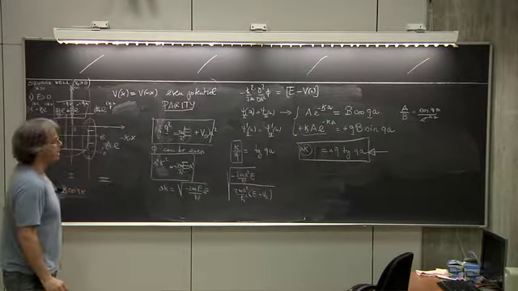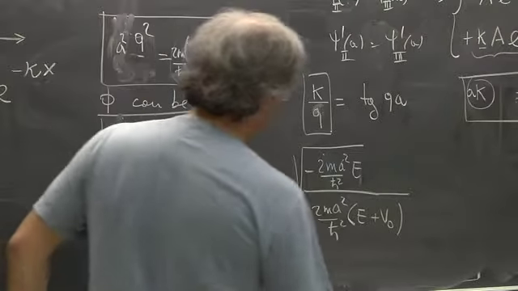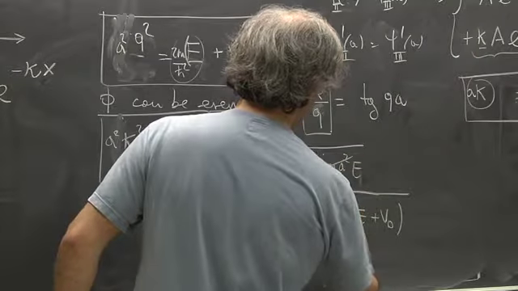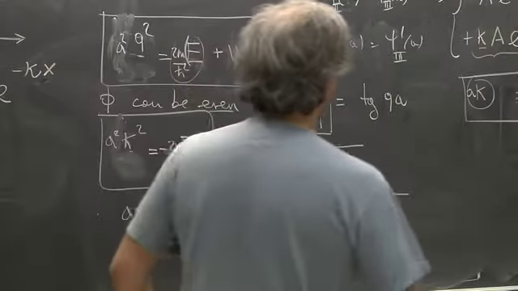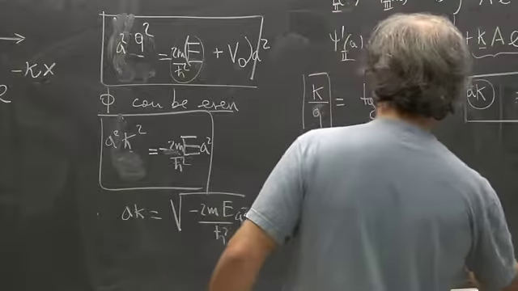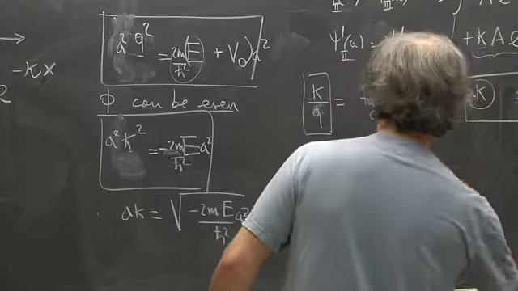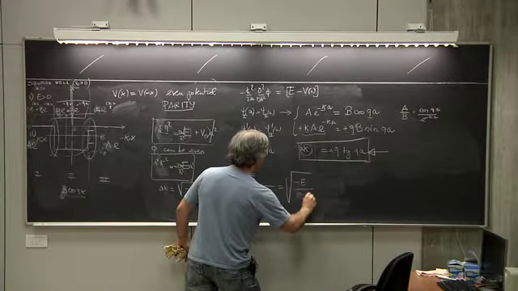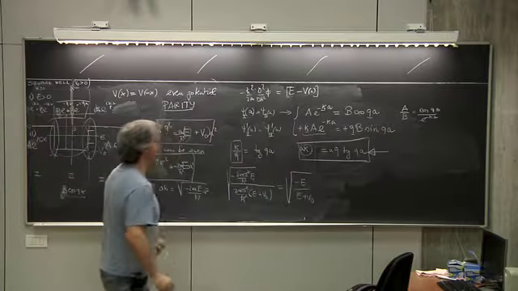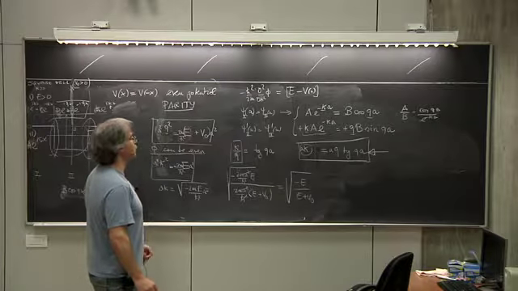Now you see that really all these objects are unneeded. They just make confusion. So this thing here on the left is equal to the square root of minus E divided by E plus V0. And you could re-express.